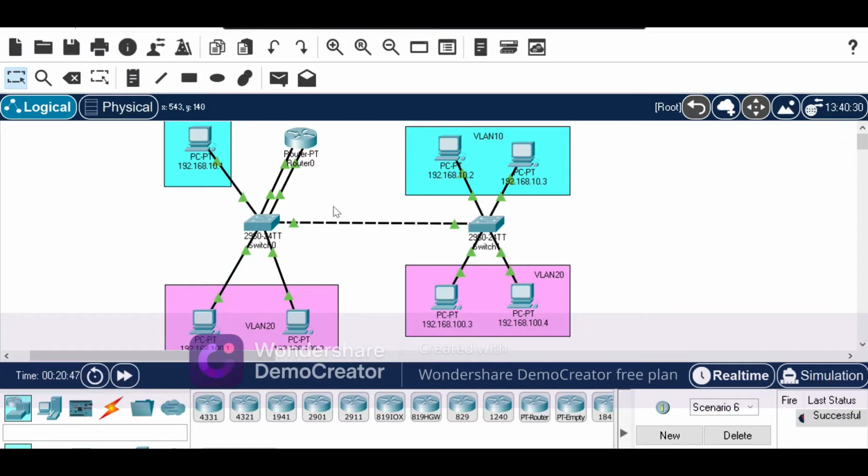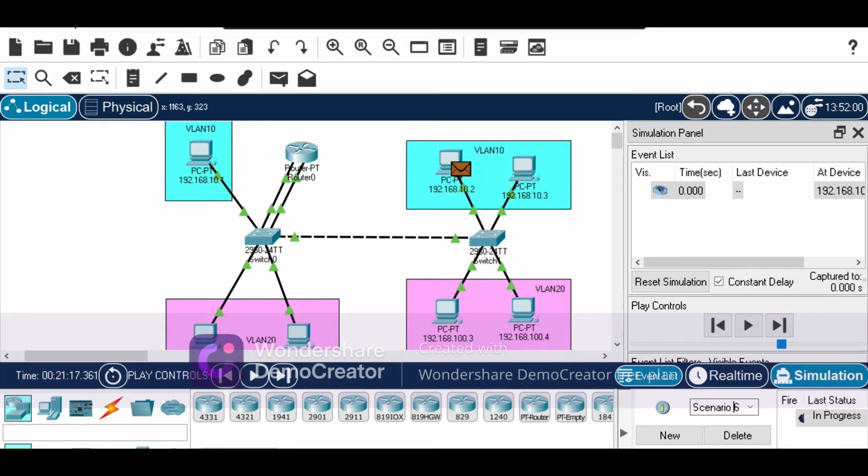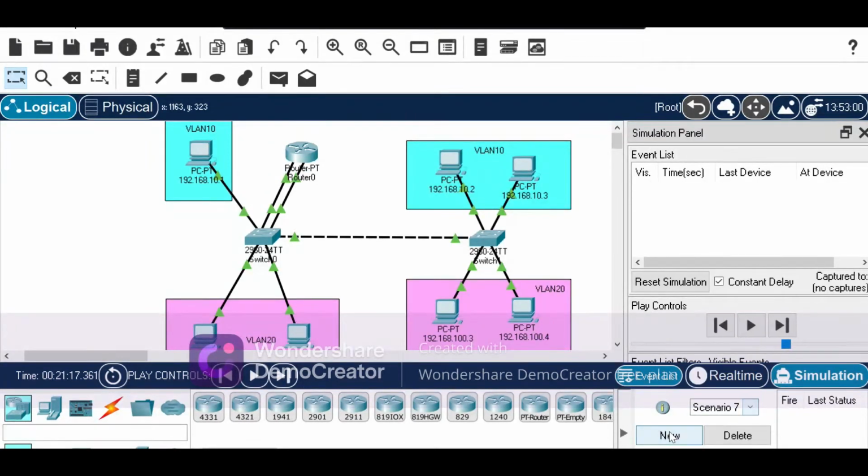Now let's check how we can broadcast a message from one computer in VLAN 10 to the member computers in VLAN 10 connected to switch 1. Basically, the computers are connected across different switches, but we will be able to communicate across them. Let's discuss. I am creating a new scenario.